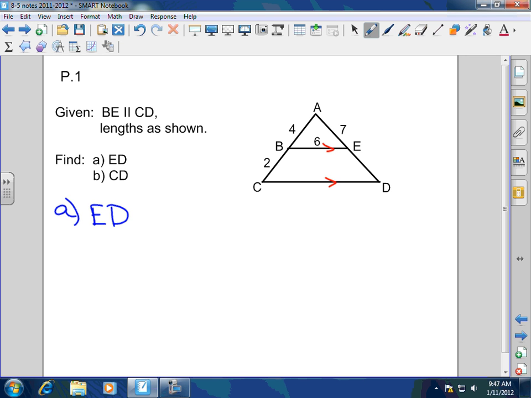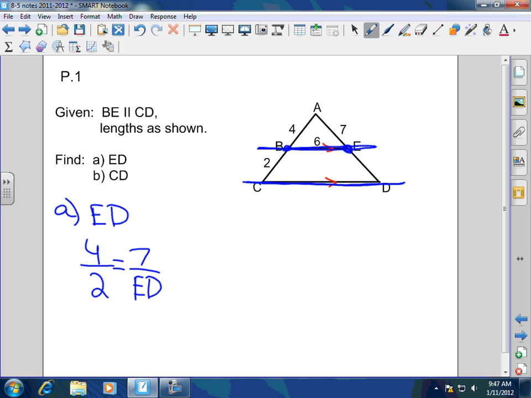Okay, that's exactly right. He said he would do 4 to 2 must be equal to 7 over ED, we'll call it. Why? Well, this is side splitter. Since BE is parallel to CD, it means that BE is parallel to one of the sides of a triangle. And it does intersect the other two sides of that triangle.